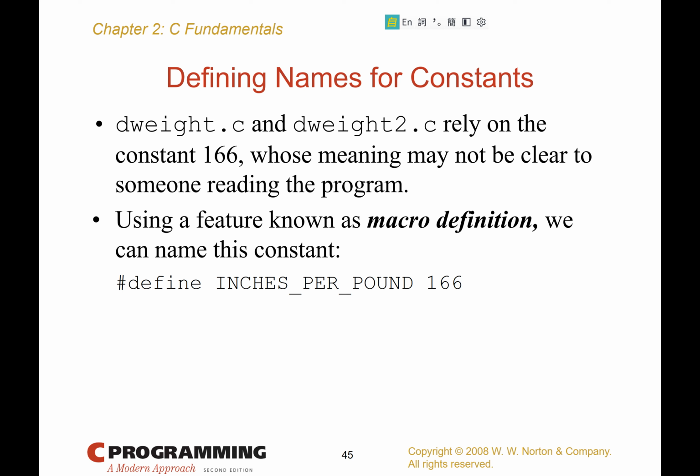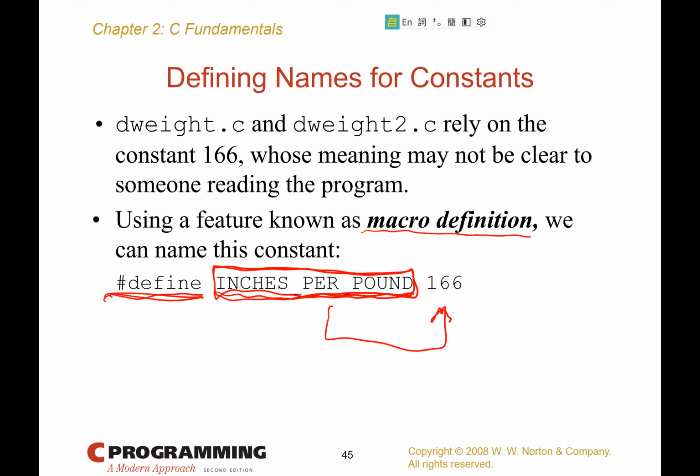We are going to introduce a little bit about the so-called macro definition, which uses #define, pound sign define. What is a pound define? It's a preprocessor directive. Everything the preprocessor sees in your text file, seeing this string, inches per pound, it will replace it by 166.